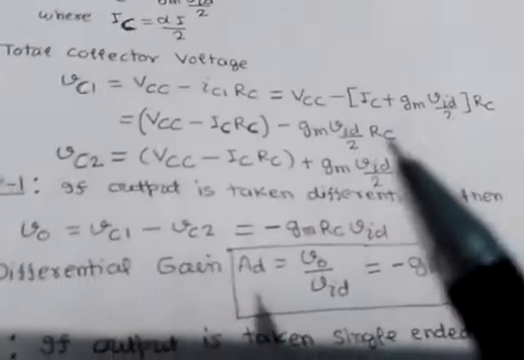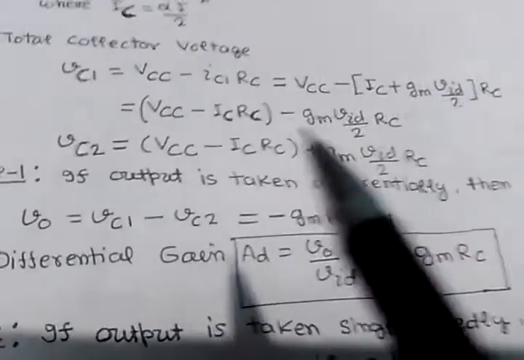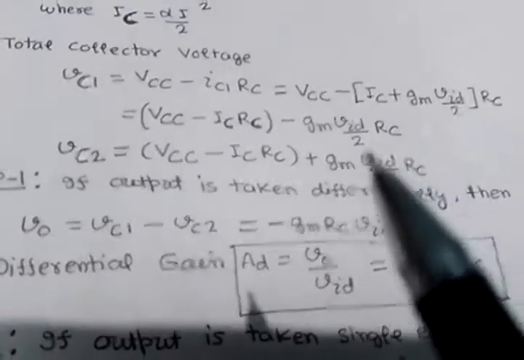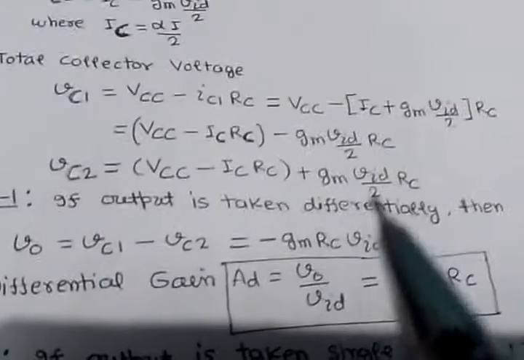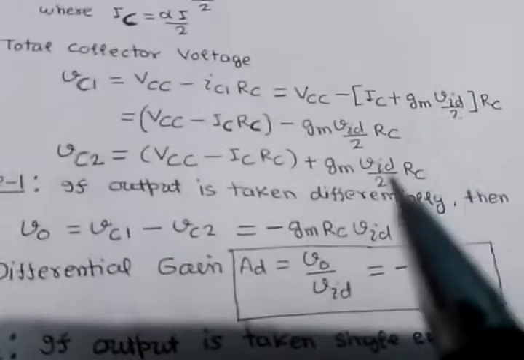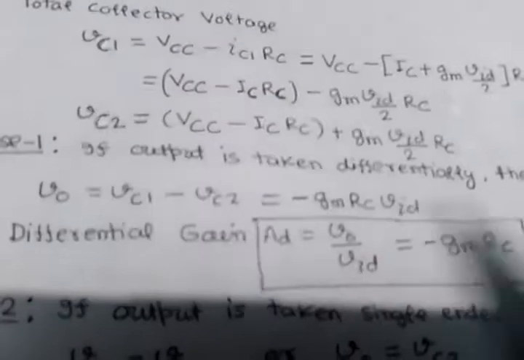We will consider only the second term which is the collector voltage due to the signal only. So if we subtract minus GmVID by 2 RC minus GmVID by 2 RC, VC1 minus VC2 will be minus GmRC VID.